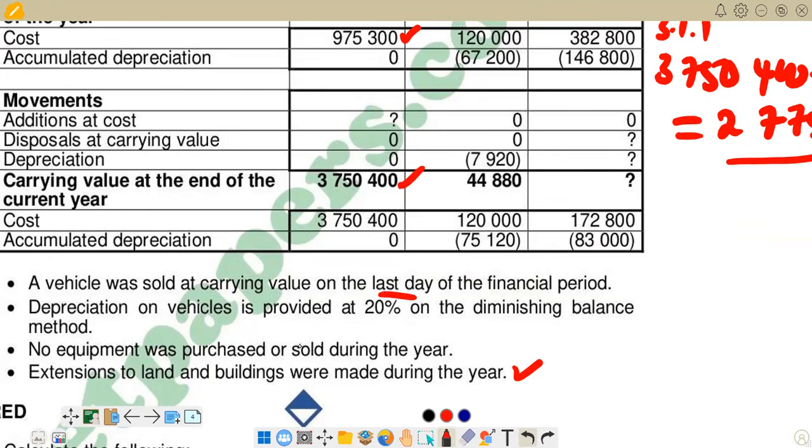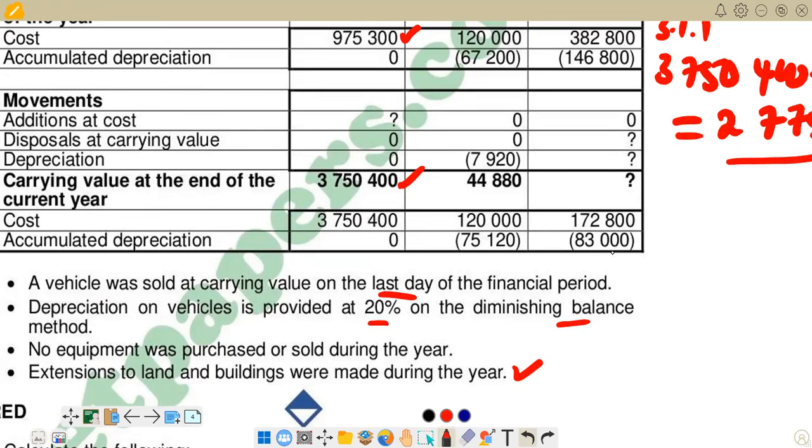So that's what we have. So we go back there and see what the depreciation is being calculated as method that we are going to use. Depreciation of vehicles is provided at 20%. This is the rate on the diminishing balance method. So this is the method that we are going to use for that depreciation.